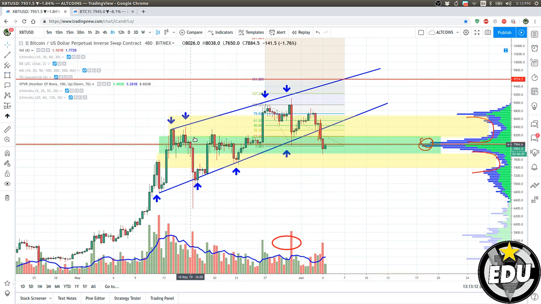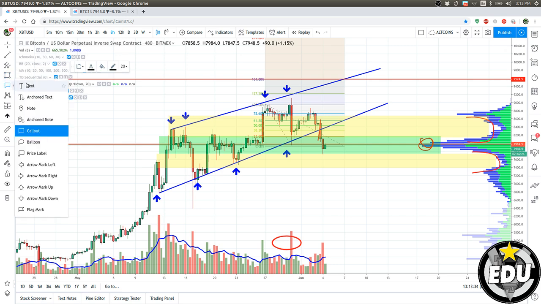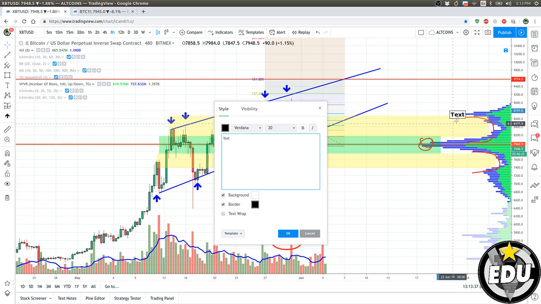Look how long it stays inside this high volume node area. And when it spikes, where do you think it reaches? It reaches the next one. When it drops, it goes to a high volume node. When it goes up, it goes to a high volume node. So try to see this as HVN.